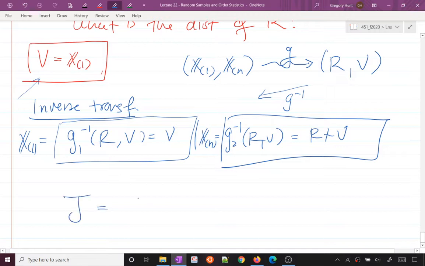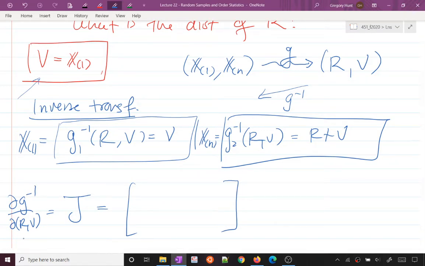And my Jacobian matrix is obviously the derivatives. So the derivative of the inverse, right? This is the matrix of partial derivatives of my two component functions of my inverse function.